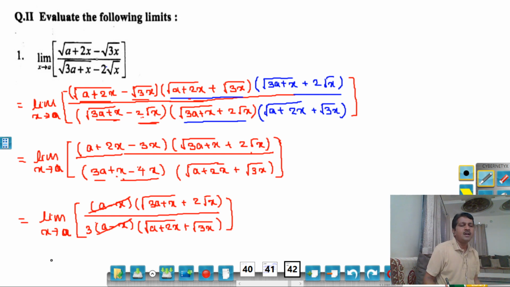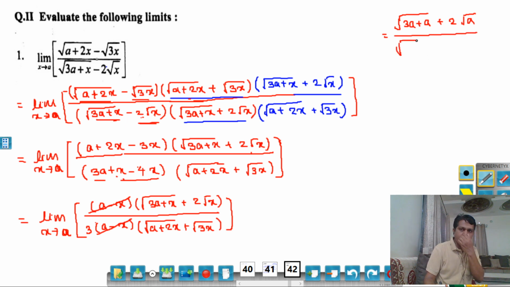Now the denominator is non-vanishing and therefore I can put the value of x directly: 3a plus a, putting x to be a, this divided by under root of a plus 2a plus under root of 3a.